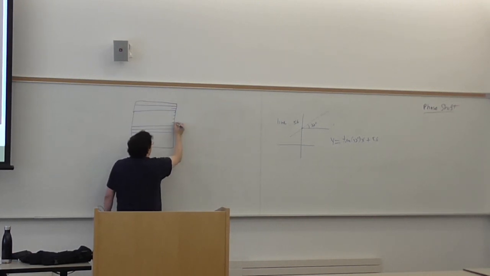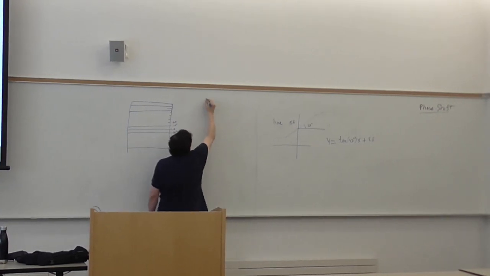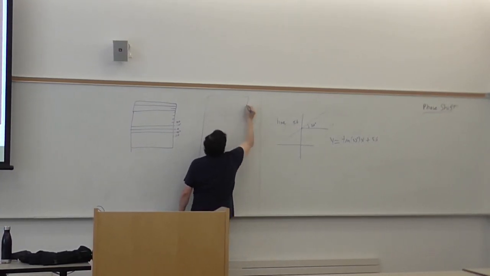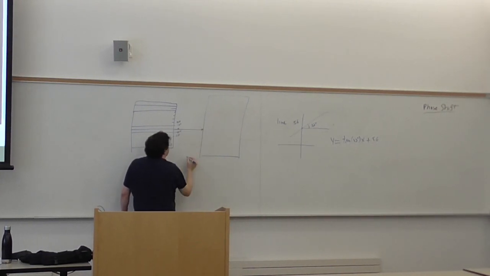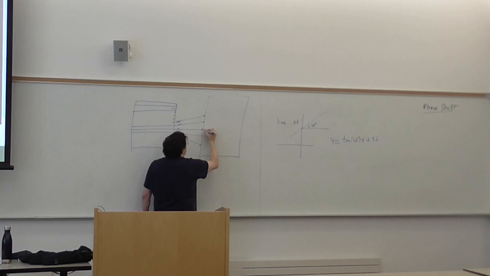How do you construct this Mercator projection? Well, what you do is you translate each of these latitude lines to a new location, specifically to the tangent.